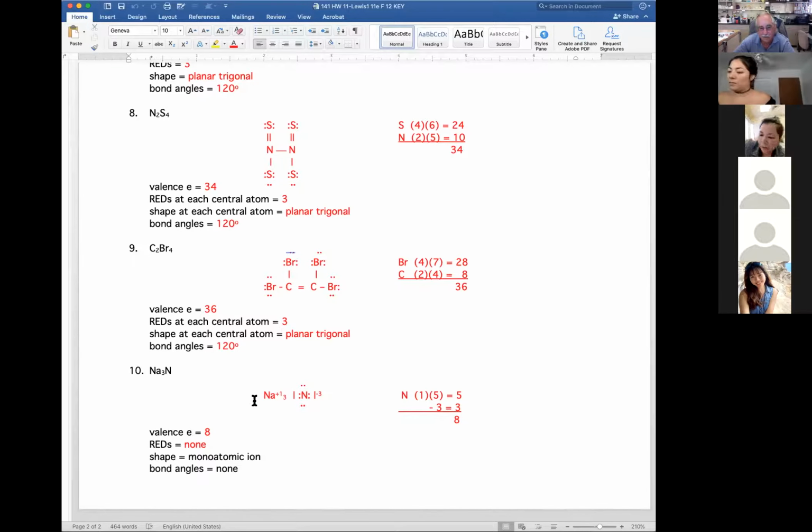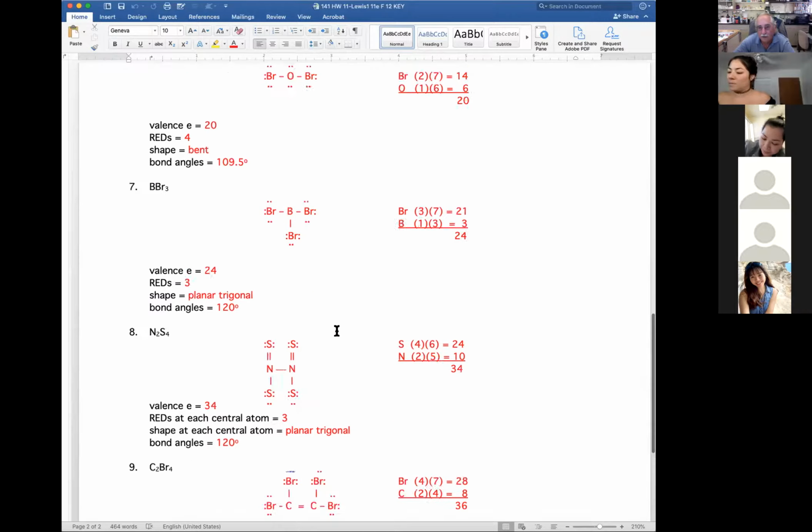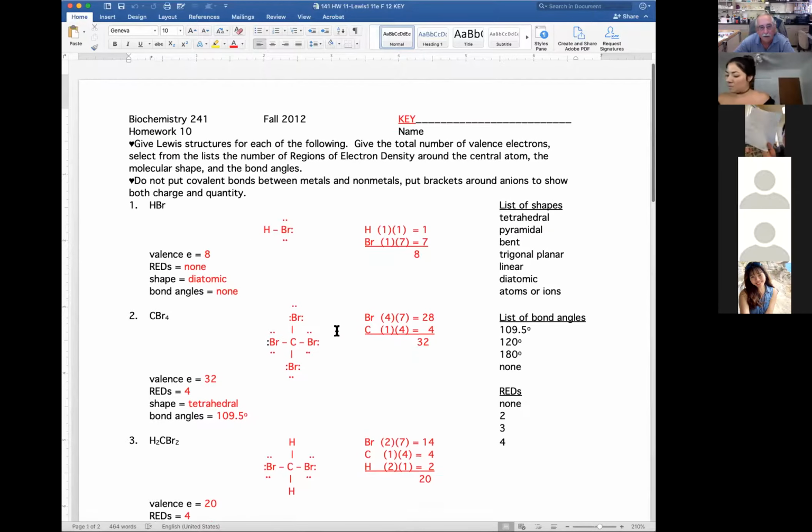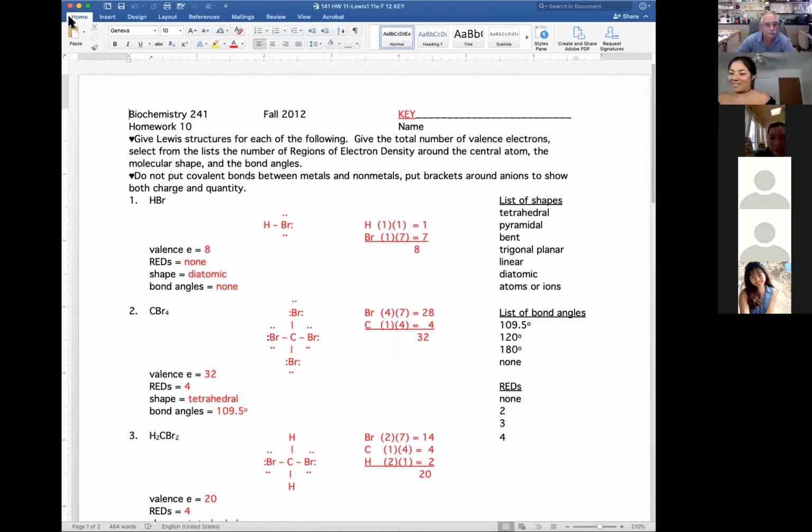Wait, we're on homework 11, number 10. I have the aluminum nitrate. Oh, I'm sorry, I opened up the wrong one. Because I was like, that doesn't look like what I have right now. How did I get that? Oh, that's our super old one. I'm sorry, fall 2012.